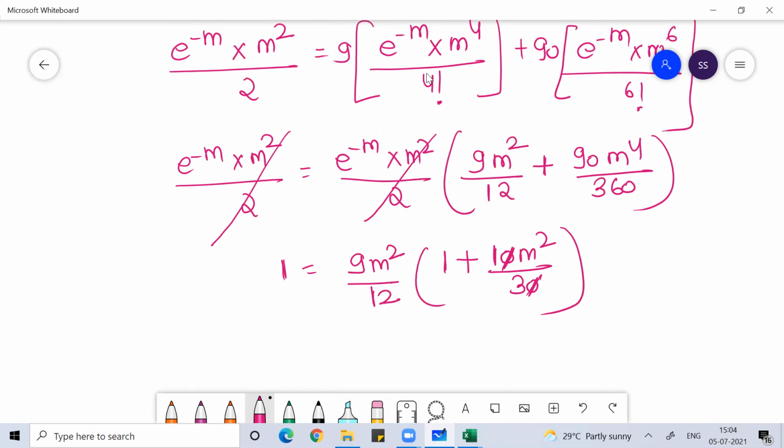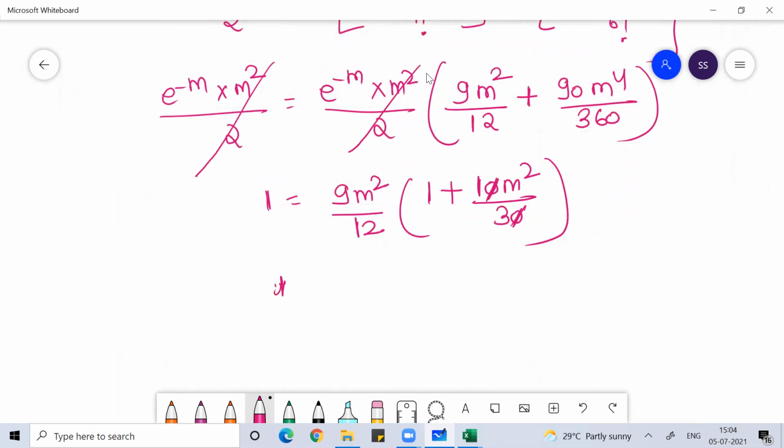Here I took 12 common. 9 by 12 is 3 by 4, so I can write 4 by 3 m square into 1 plus m square by 3.